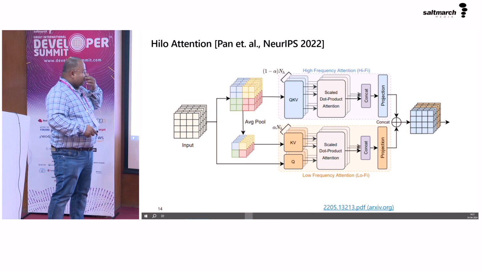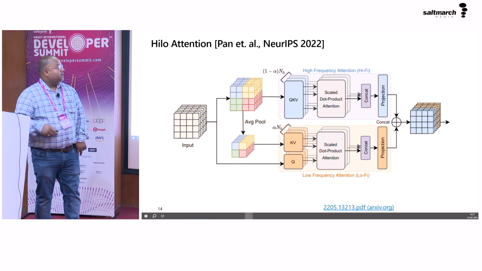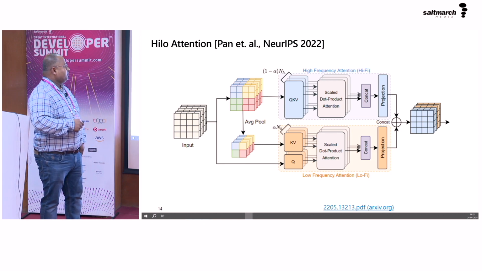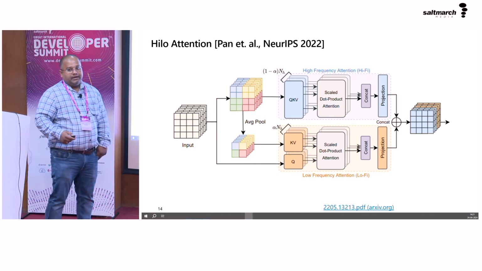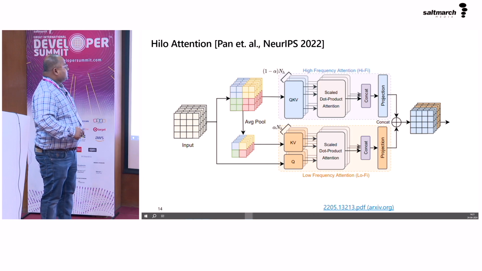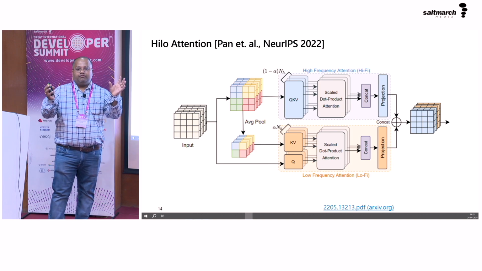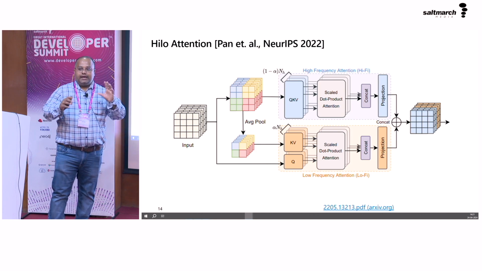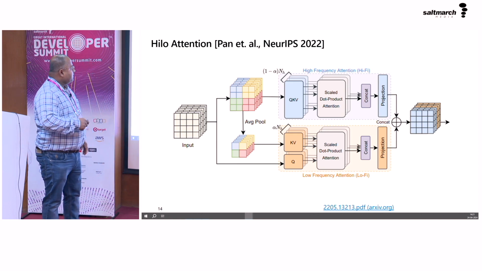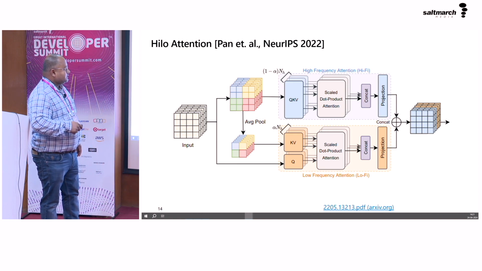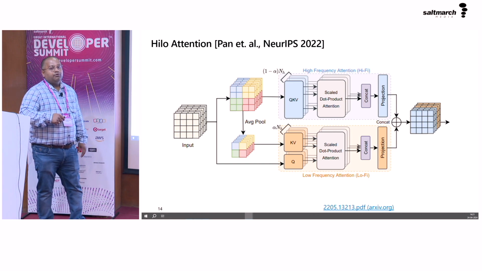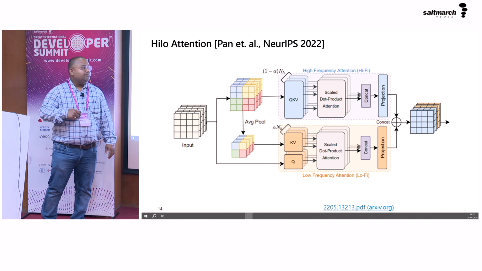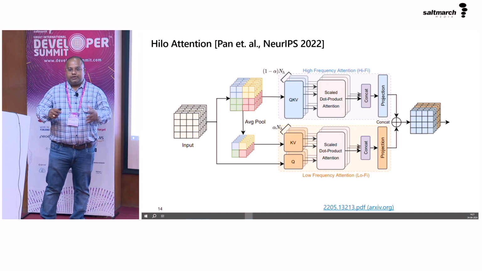We saw there is another paper at NeurIPS 2021, the top conference in the AI and ML domain. They classify high frequency and low frequency in the pattern domain. The problem in the high frequency domain is that they are still using attention, so they are able to capture fine-grained information, but with computational complexity.